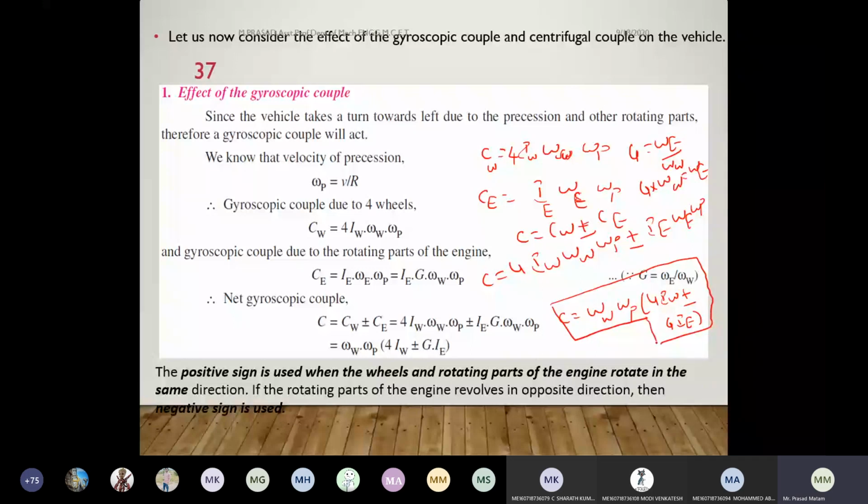This is the equation for the gyroscopic couple of the 4-wheeler.